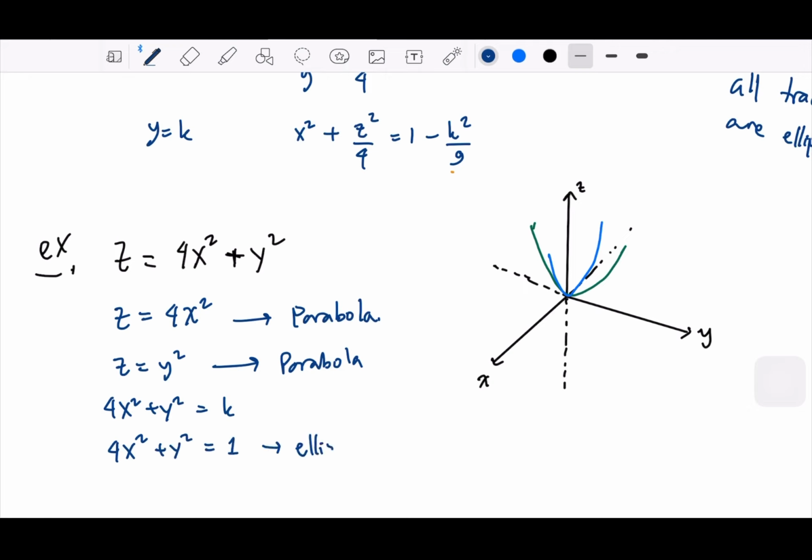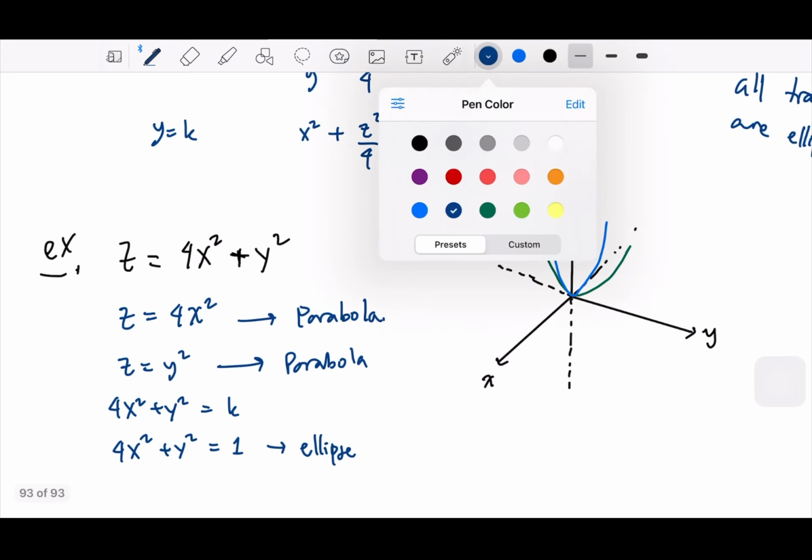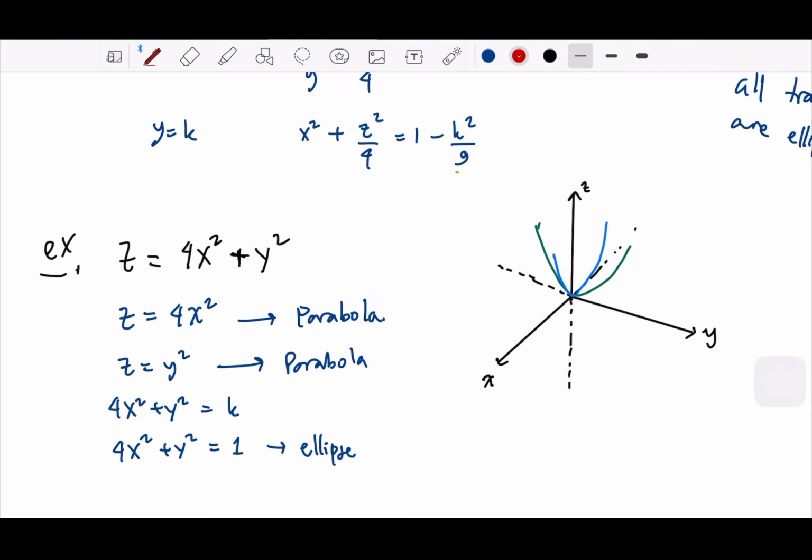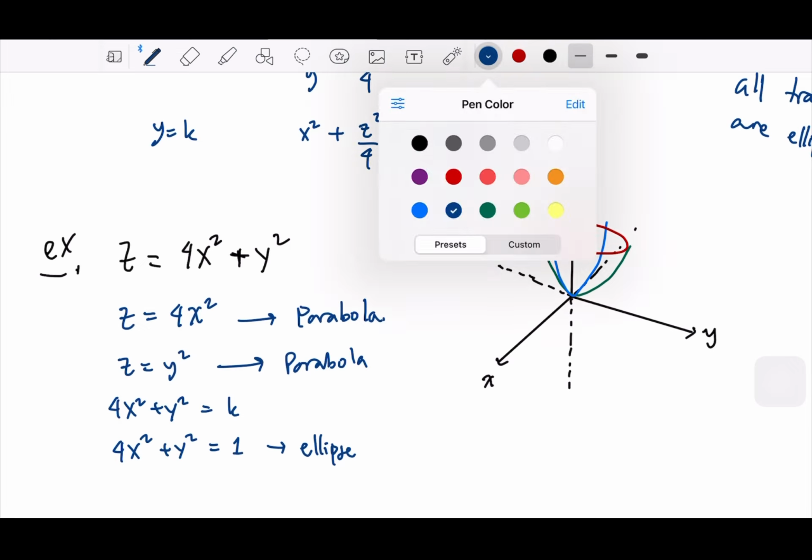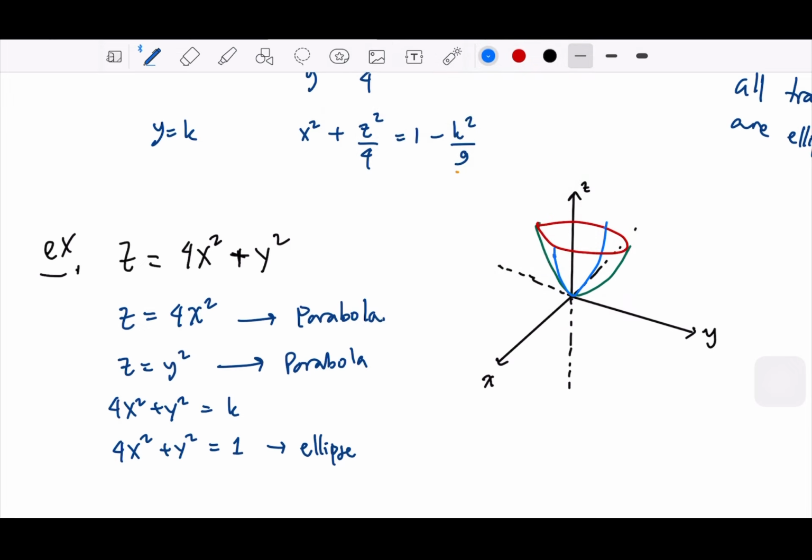Okay, now we observe the ellipse. When we have z equal 1, we will have an ellipse on the xy plane. Here we can draw the ellipse.